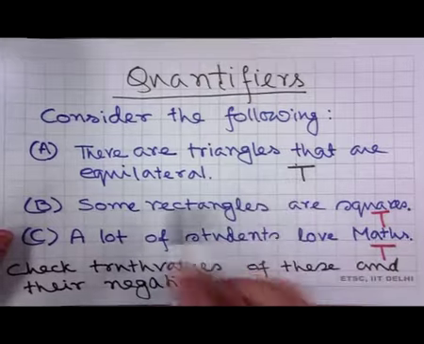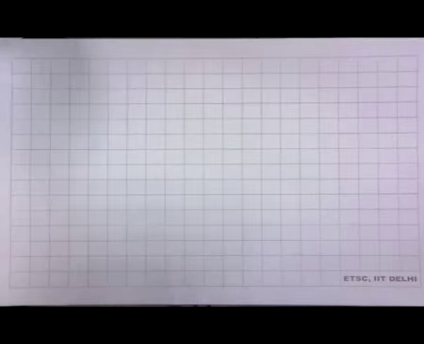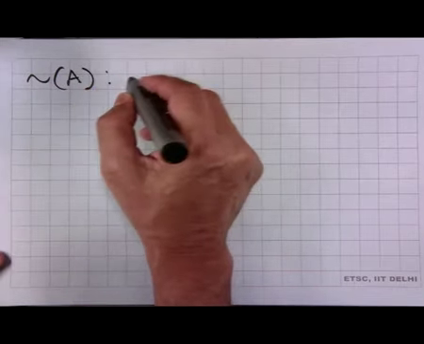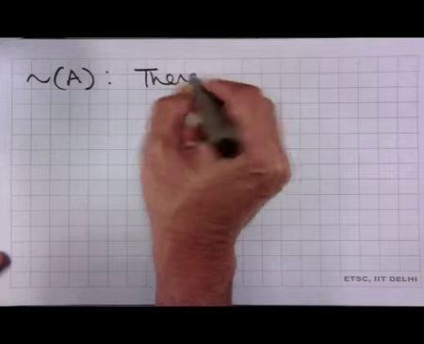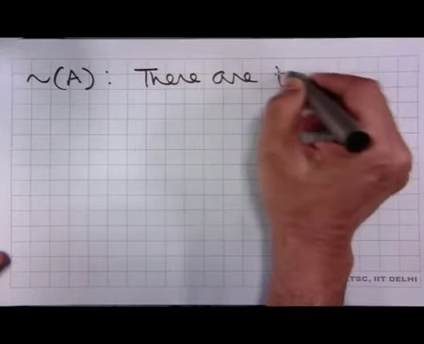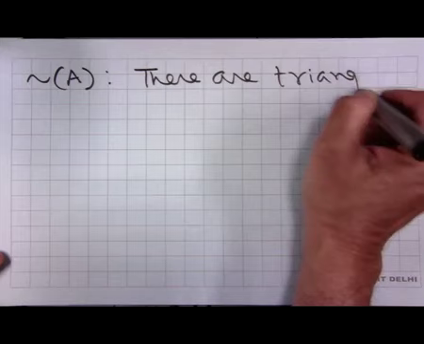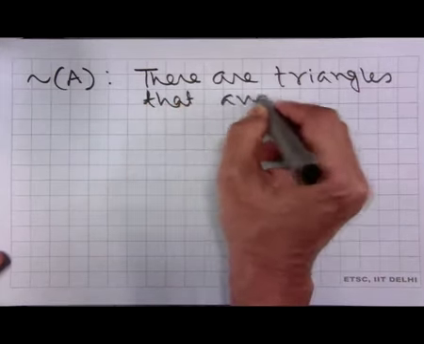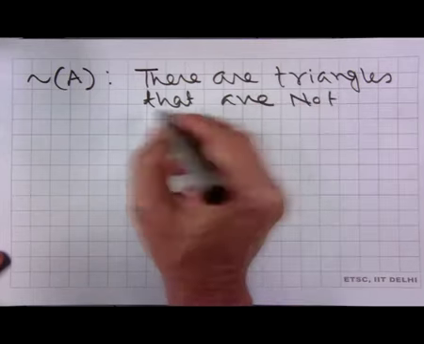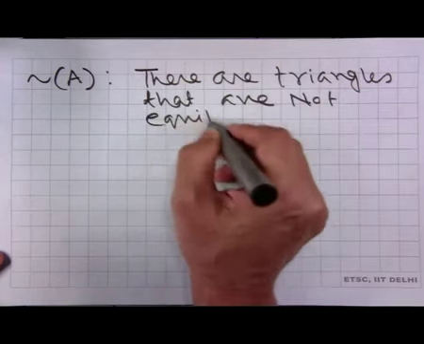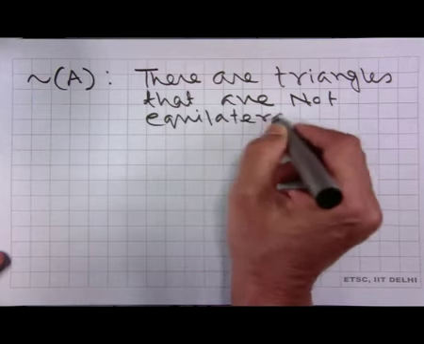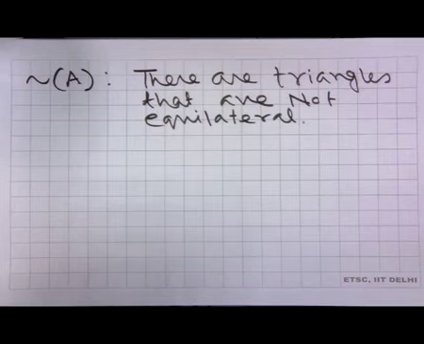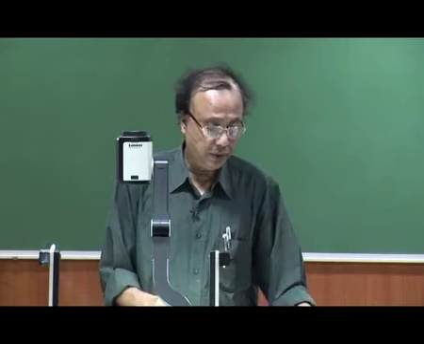Then, if we write the negation of A as there are triangles that are not equilateral, then we find that this is also true, because of course, there are triangles that are not equilateral.